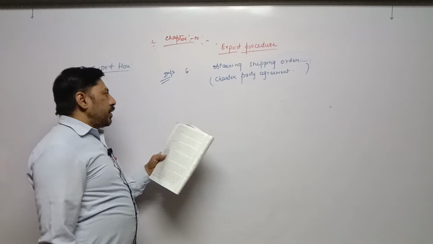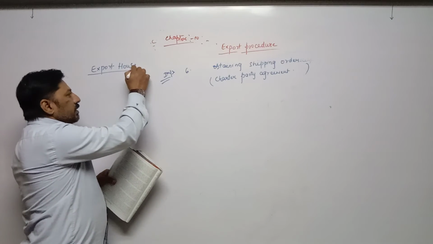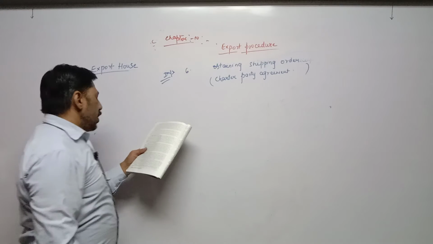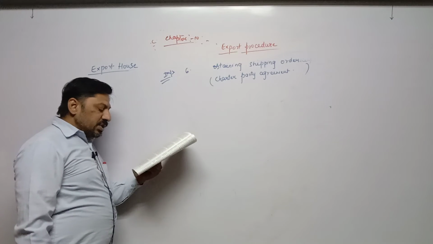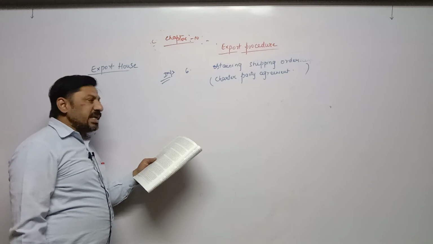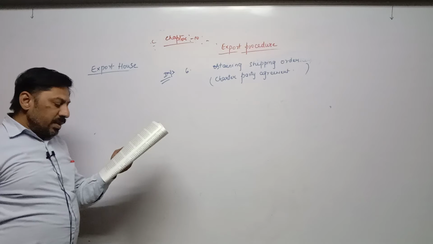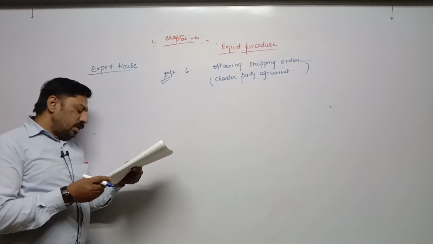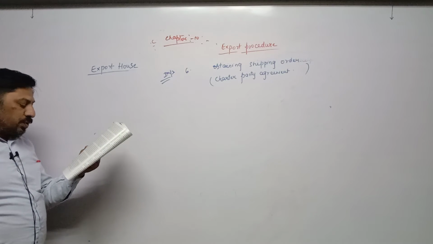Now here another point is important. First one is export house, we have done. Then sixth point, shipping order or charter party agreement. Now another new point. In order to protect the goods against the possible risk in the sea like cyclone, damage to the goods due to weather, due to pirates, etc., the goods have to be insured to get economic return, especially as it is to be transported through seaway.